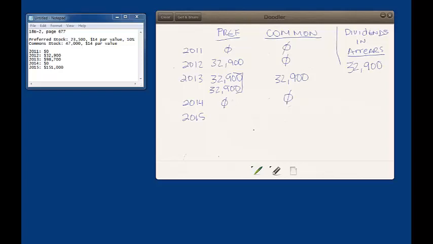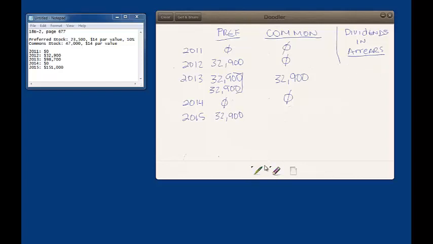Okay, 2015. In 2015, we have 151,000 dividends to pay. So first we pay the preferred stockholders the dividends in arrears from 2014. Okay, took care of that.